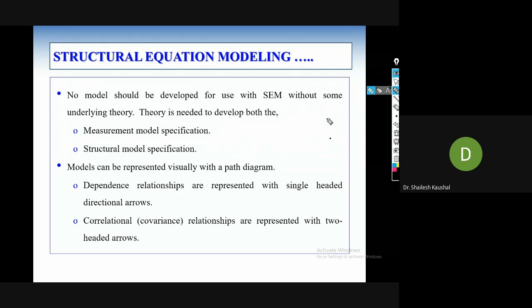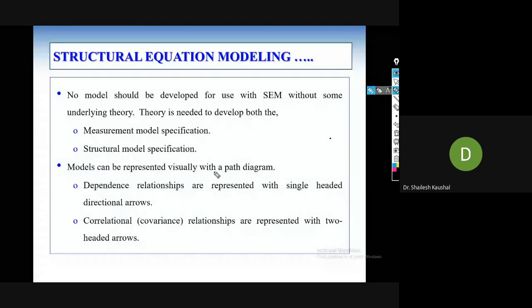For example, if we want to know the buying behavior of the youth, we should use the theory of planned behavior, because it explains the buying behavior of a particular age group. So without theory, we should not develop structural equation modeling.